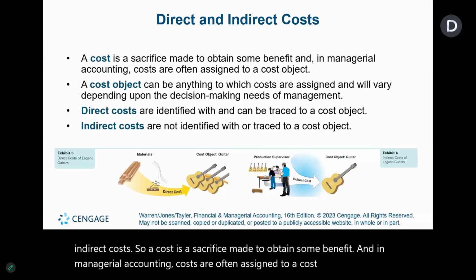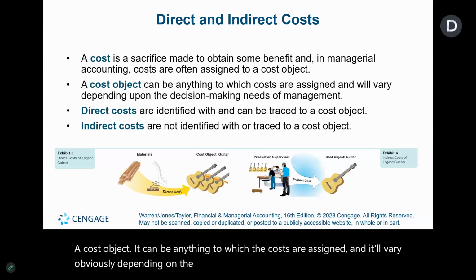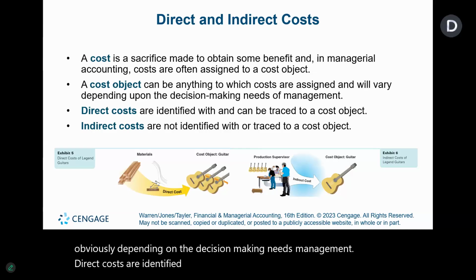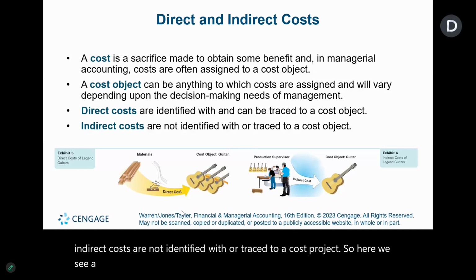A cost object can be anything to which costs are assigned, and it will vary depending on the decision-making needs of management. Direct costs are identified with and can be traced to a cost object, and indirect costs are not identified with or traced to a cost object. So here we see a direct cost for manufacturing this guitar is going to be the wood, right?